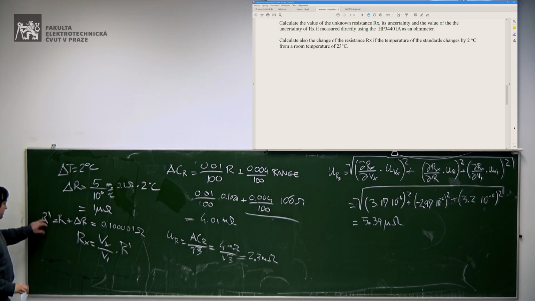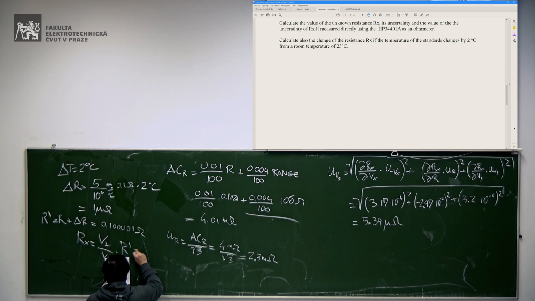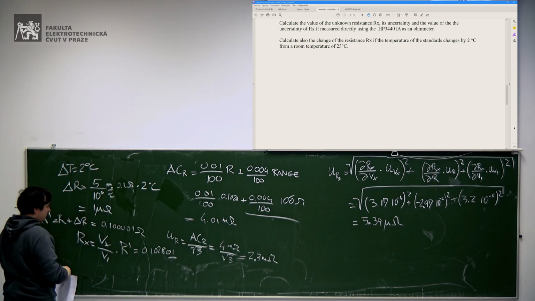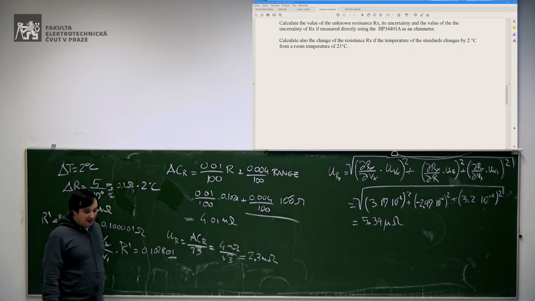So we increased the resistance of the standard, we increase also the resistance that we measure, and it will be 0.10289, okay? So, roughly speaking, if you change 1 micro here, you change also 1 micro here, basically.